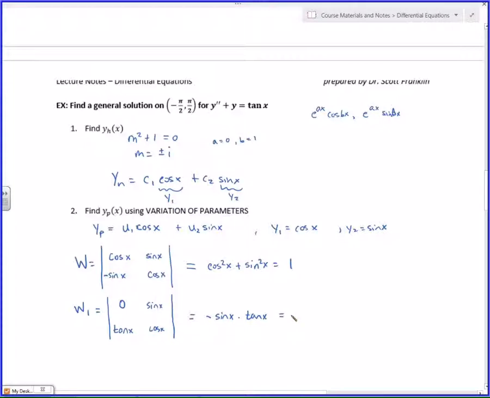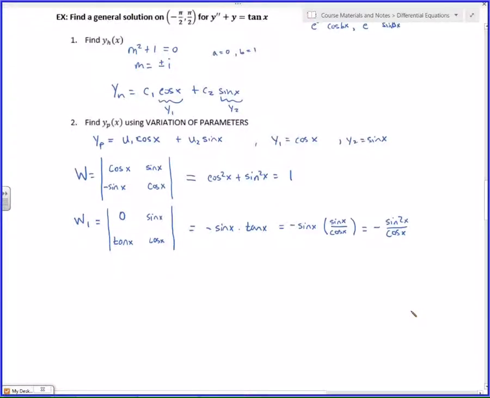You want to simplify that a little bit? Forward diagonal minus back diagonal. Tangent is sine of x over cosine of x. I can either do this now or I can do it when I'm integrating. Let's just write this as minus sine squared of x over cosine of x. Actually, we'll do a little now and do a little later. You could have just left it right here for now.